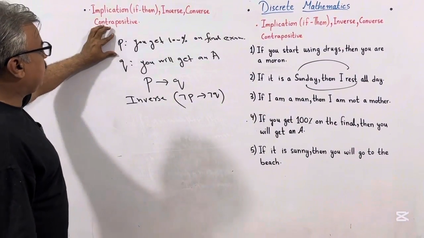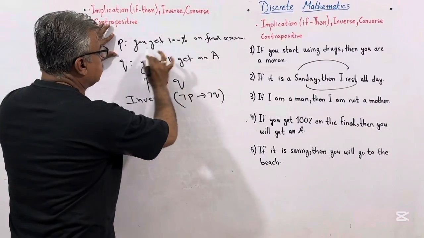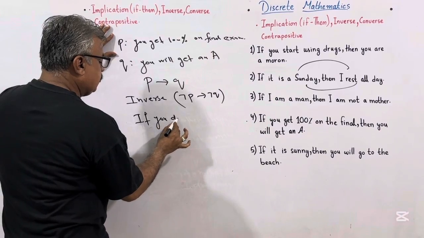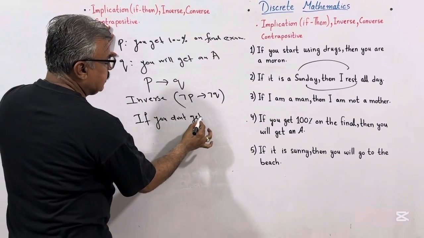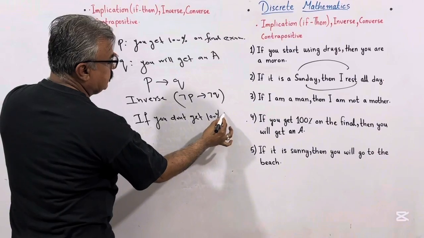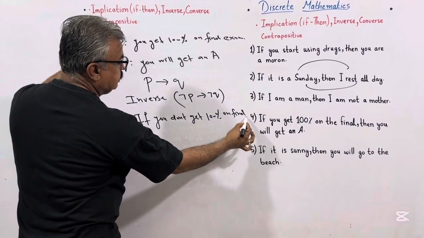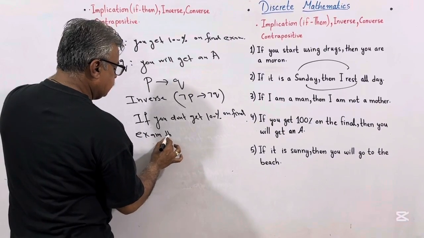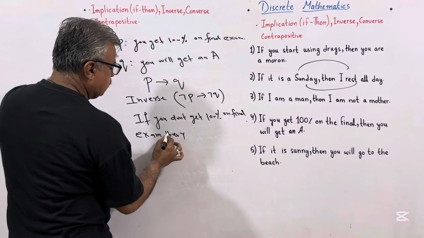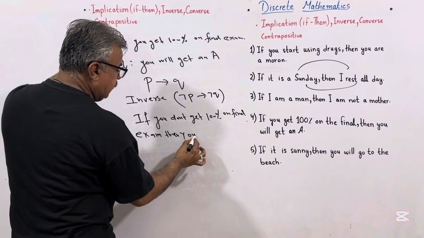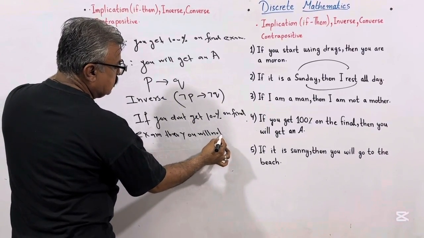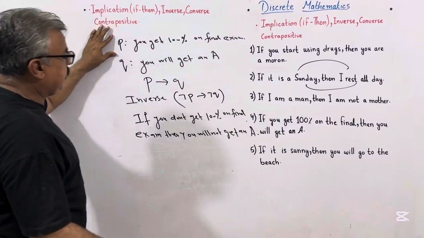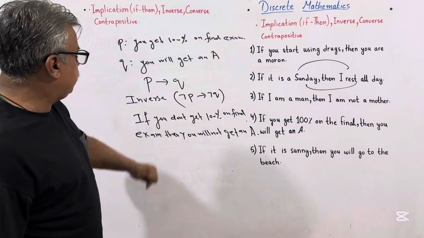P is you get 100%; its negation is if you do not get 100% on final exam, then you will not get an A.